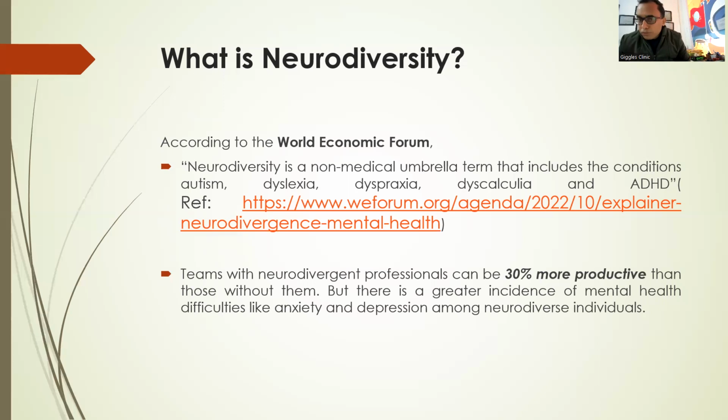This is the most common thinking among us, that we focus upon their deficits like anxiety and depression. We know it is very common in children, teenagers and adolescents with ADHD. But we forget that they have some other peculiarities, their strengths. And because of their strengths, teams hiring neurodivergent professionals are 30% more productive.